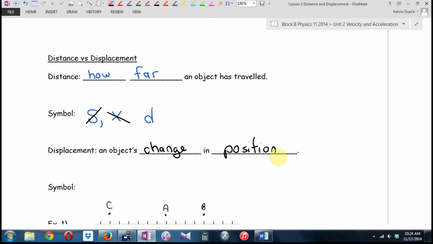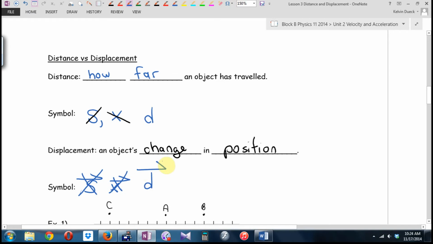That's a displacement. What distance did he travel? 4, because he took 4 steps. See the difference? Okay. Symbol, again, technically, don't write this down, but no one uses that. We're going to use that. I shouldn't say no one uses that. In high school, we choose not to because it's confusing.